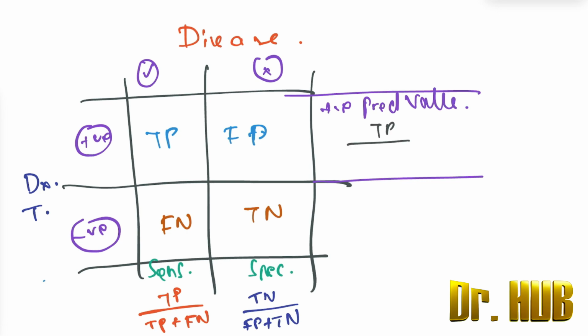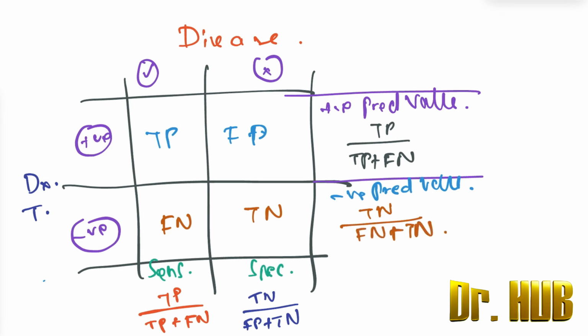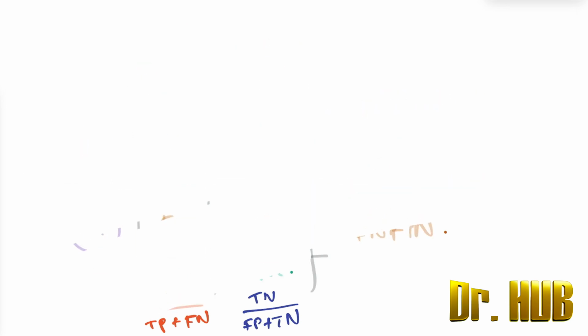It includes the TP divided by TP plus FP. On the other hand, the negative predictive value is going to be the TN divided by the FN plus TN. So this table is very important for formulae.